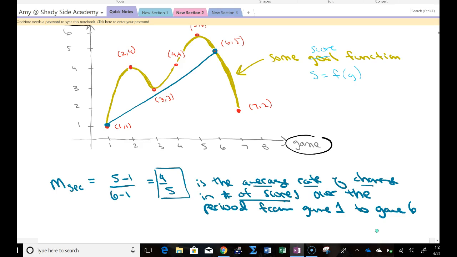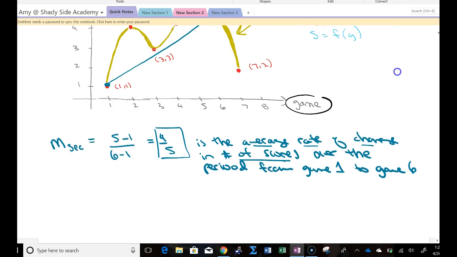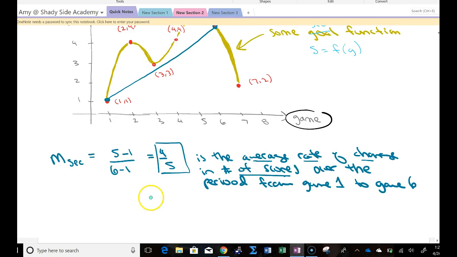That's the average rate of change. Now, let's talk about what this means even more. This number 4/5, what are the units of this number?